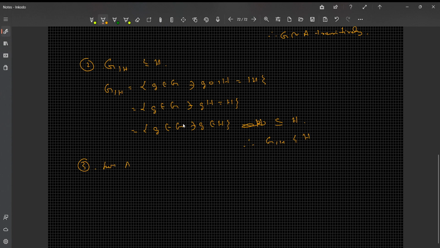So what is the kernel of pi H? Kernel of pi H is basically the set of the elements g in capital G such that pi H of g is equal to the identity element, right? So it is the identity element of the permutation group. But that is basically the set of elements which map xH to xH, right?